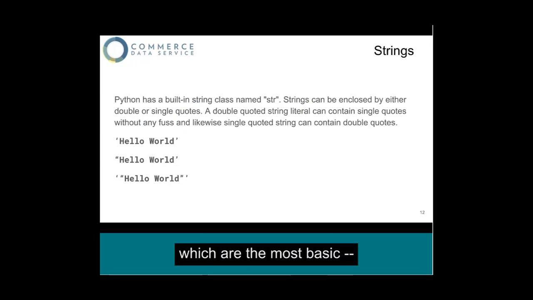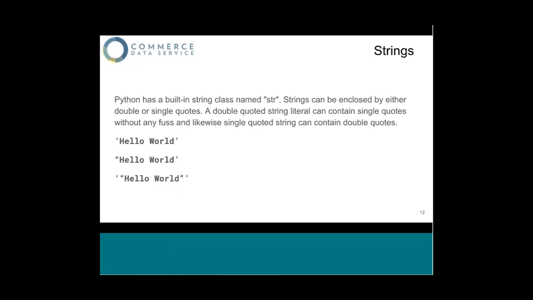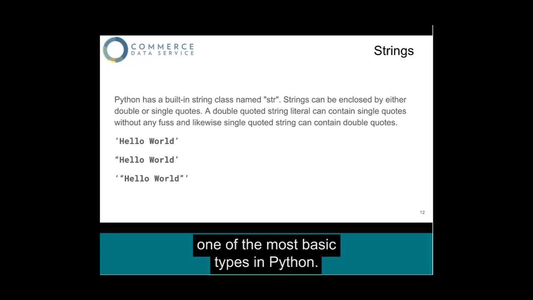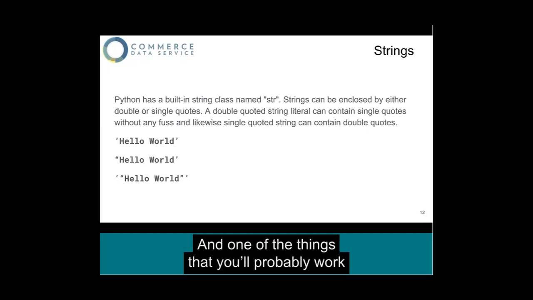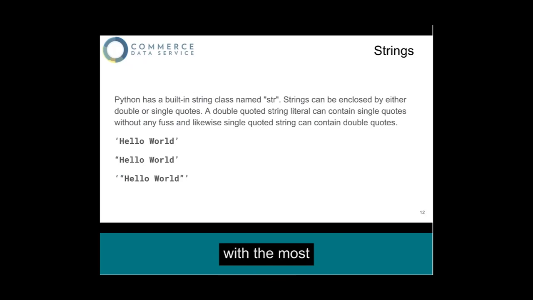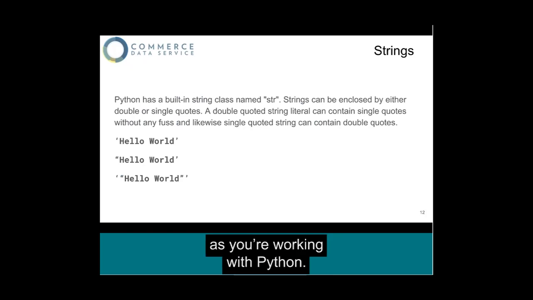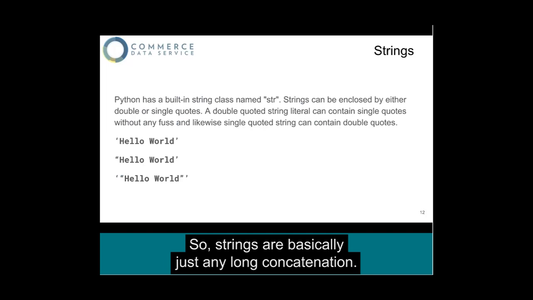So we're going to start with strings, which are one of the most basic types in Python, and one of the things that you'll probably work with the most as you're working with Python. So strings are basically just any long concatenation.